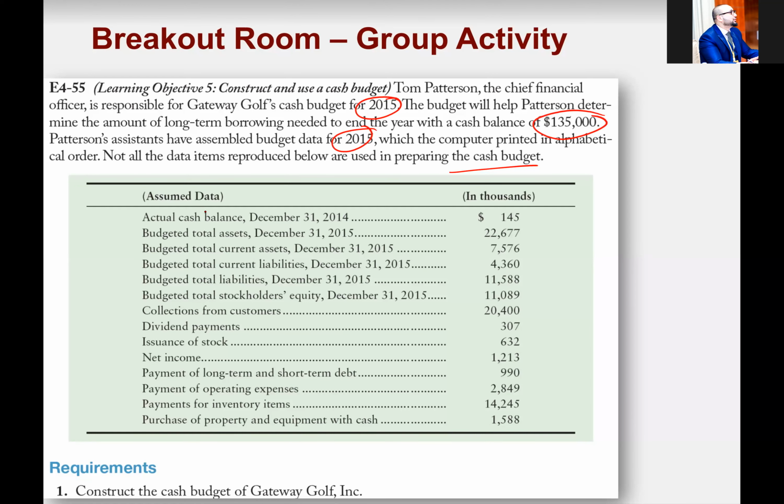So actual cash balance December 31st, 2014, 145 is our cash budget item. Yes. Do we have the total asset budgeted as our cash item? No. Current assets or cash budgeted item? No. Current liabilities? No. Total liabilities? No. Budgeted total stockholders equity? No. Cash collection from customers?